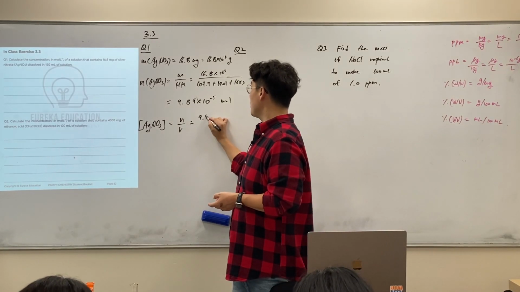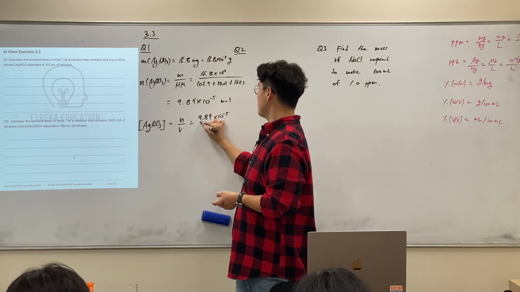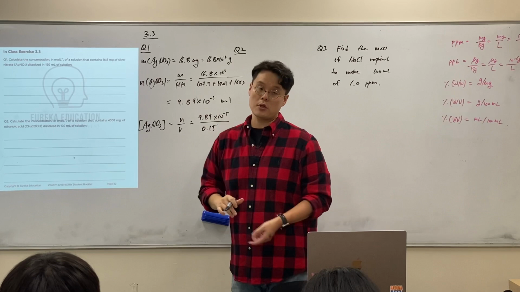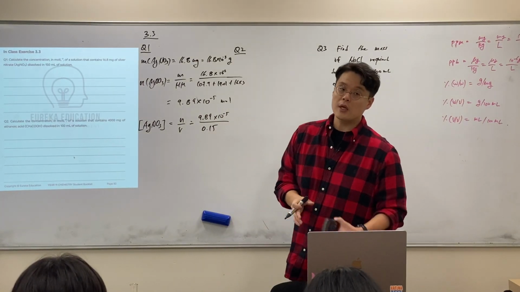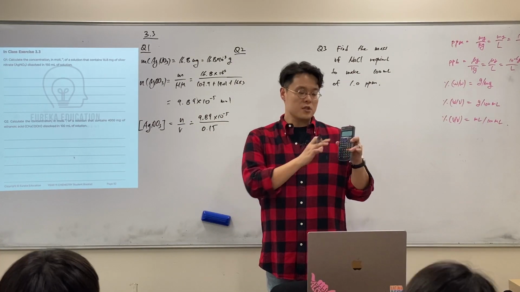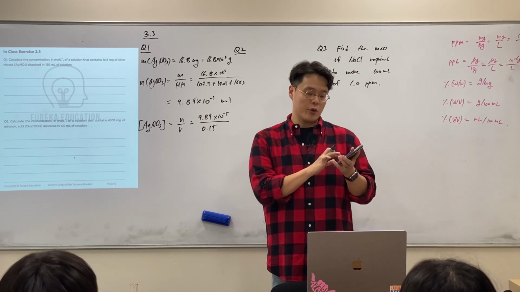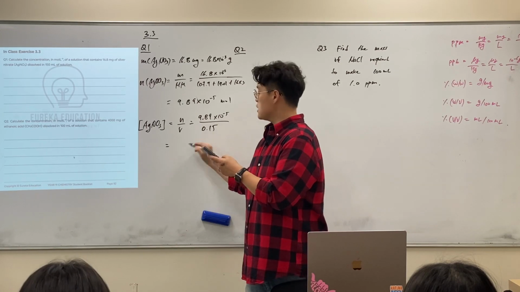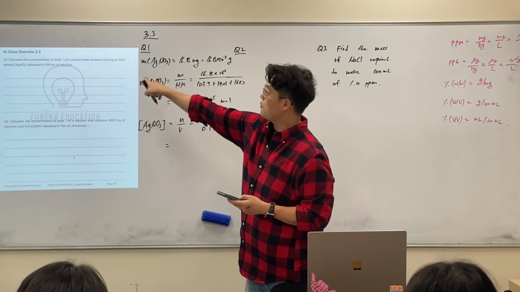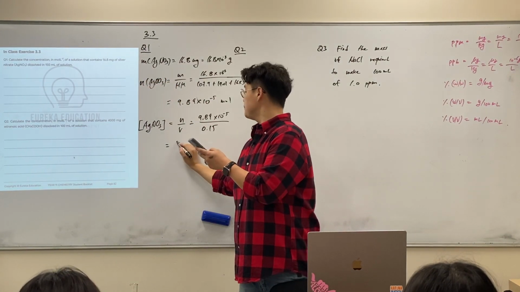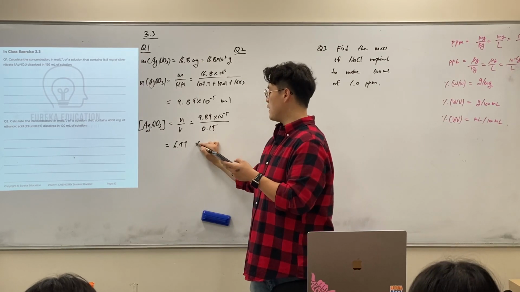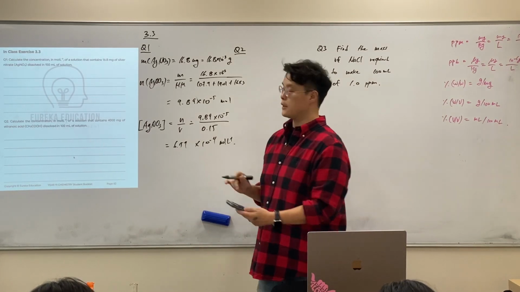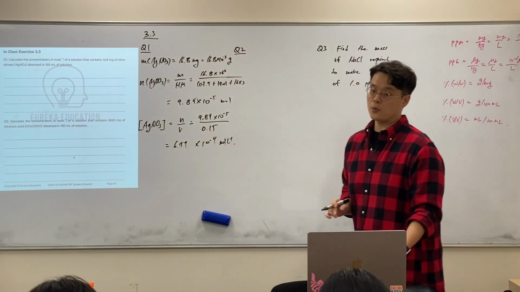So 9.89 times 10 to the power minus 5 divided by the volume we have, which is 150 mL, or 0.15 straight to liters. So from the value saved on your calculator, divide that by 0.15. Given the sig fig, we have 3 sig figs, so fix that into 6.59 times 10 to the power minus 4 mole per liter. This is the final answer for question 1.